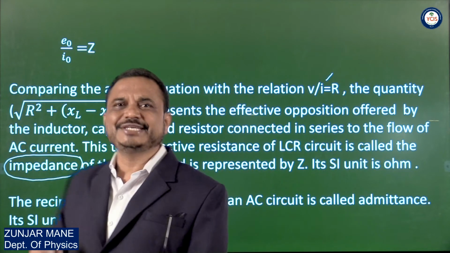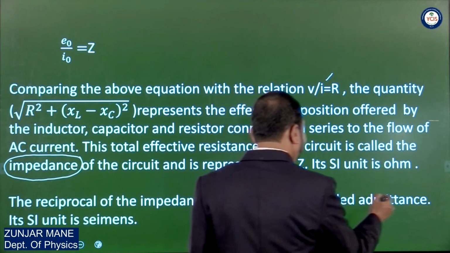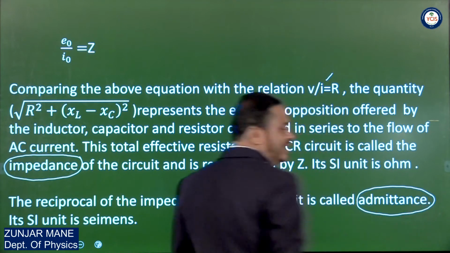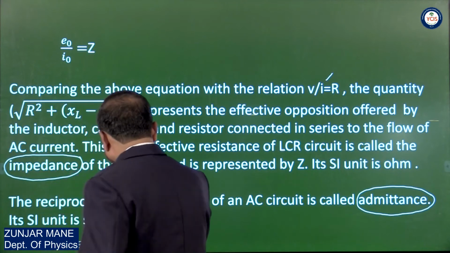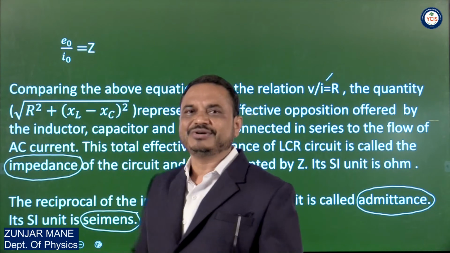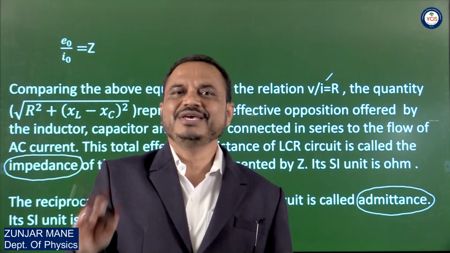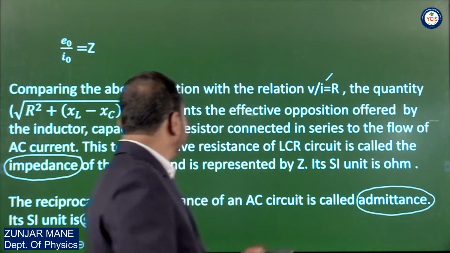The reciprocal of the impedance of an AC circuit is called admittance, and the SI unit of admittance is Siemens. So this is the impedance having unit ohm, and this is the admittance having unit Siemens.